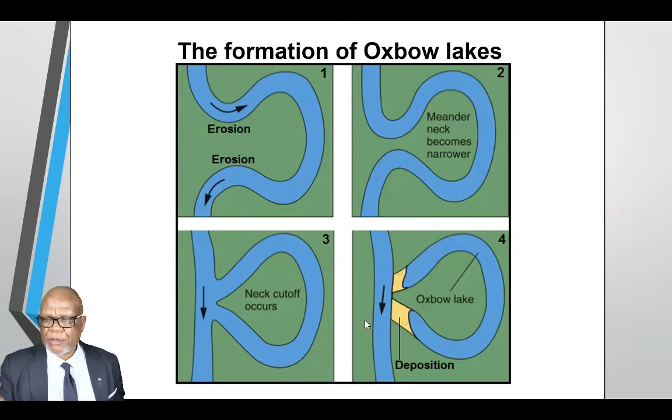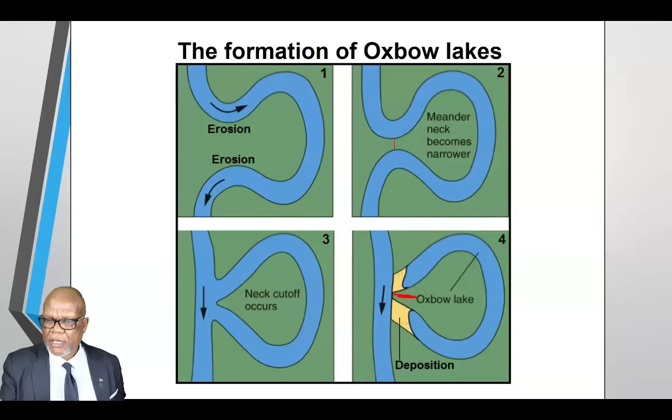Now, sometimes the examiner can ask you, where will the Oxbow Lake be more likely to form, at 1, 2, 3, or 4? You can say it's more likely to form at 4. Why? Because of the meander neck.